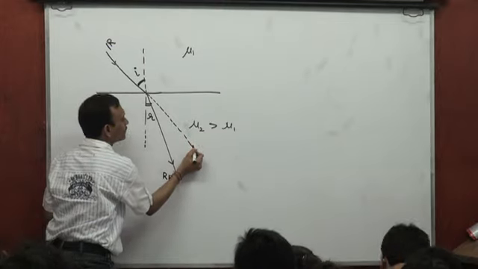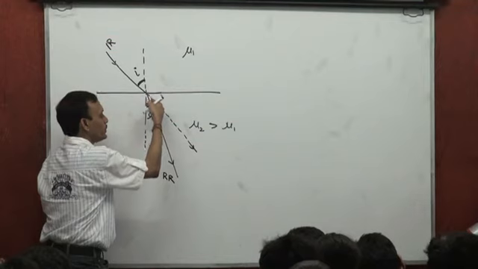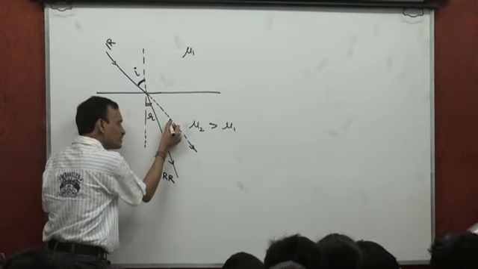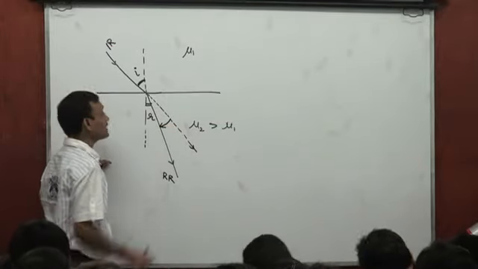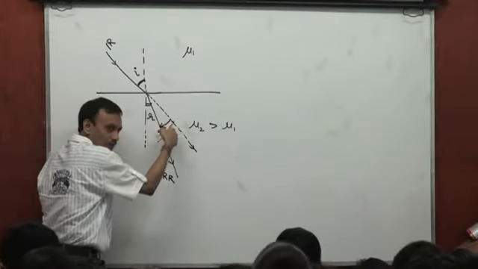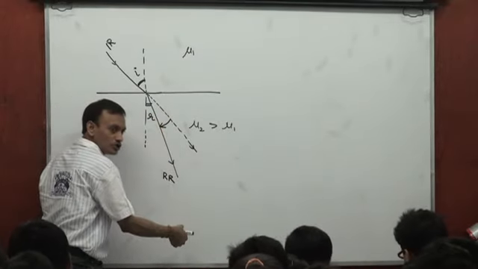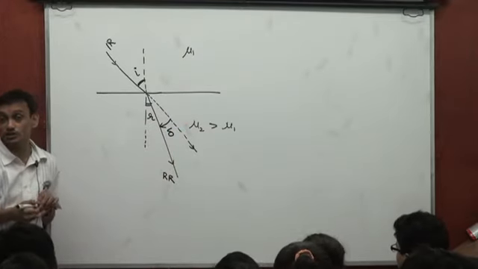It would have gone along the dotted line in the absence of refraction, but now it goes along this line. That means, what has refraction done to the incident ray? It has rotated the incident ray by this amount, so that instead of traveling along this, it travels along this. This then should be the deviation produced.